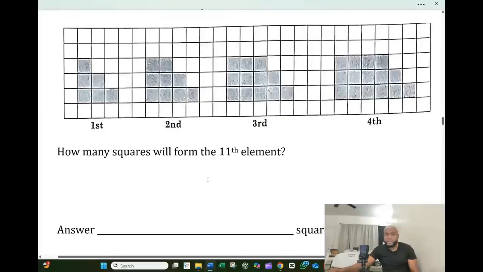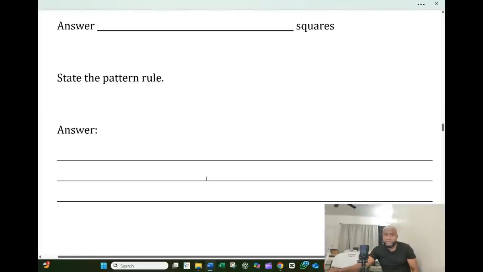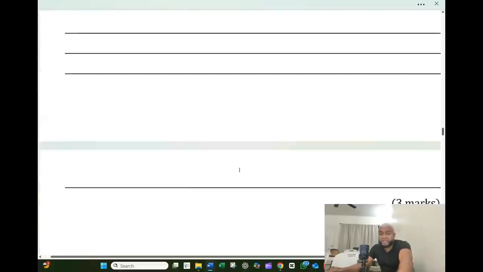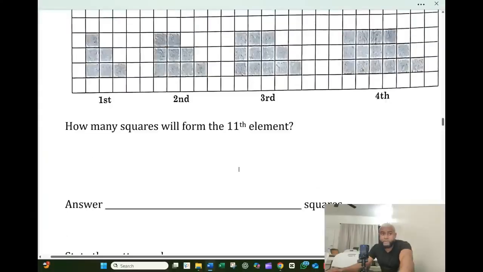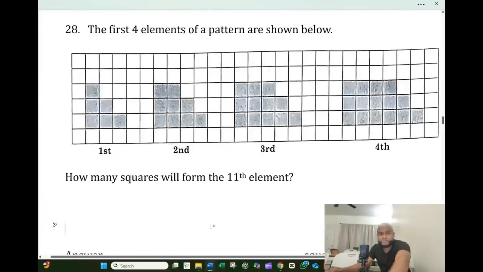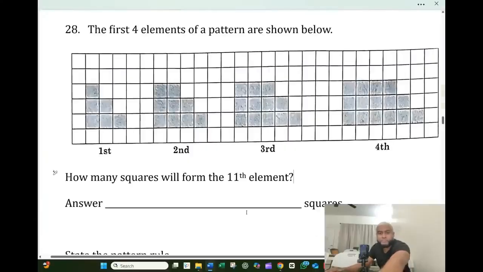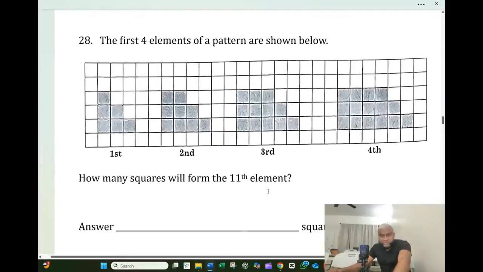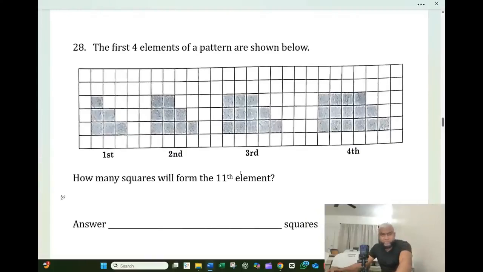Let's go. This question is how much marks? This question is 3 marks. I wonder if I should make this smaller, so you can see the whole question.